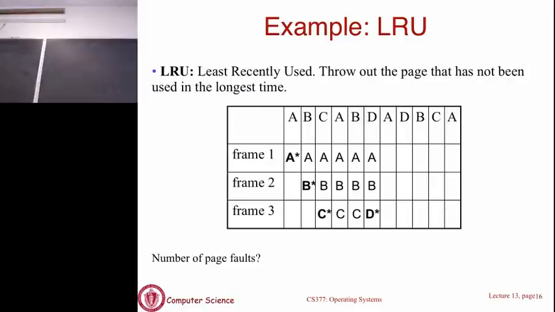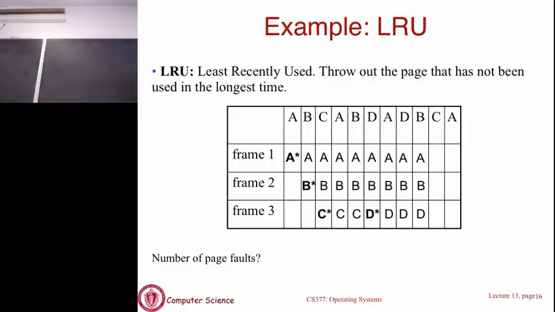Now we request A again, and so no page fault. D, no page fault, right? This is the same as what happened in the min case. B, no page fault. And now C is another page fault. So what are we going to throw out here? So we have A, B, and D. And A was 3 in the past, B was 1 in the past, D was 2 in the past.